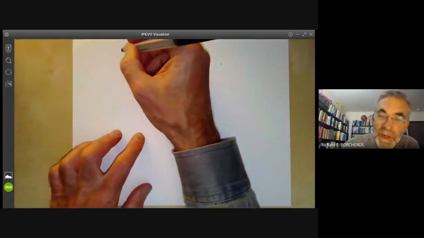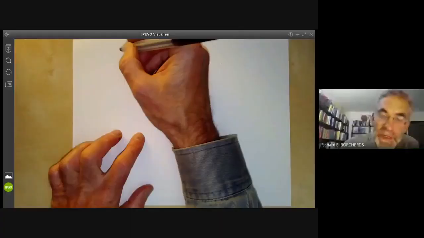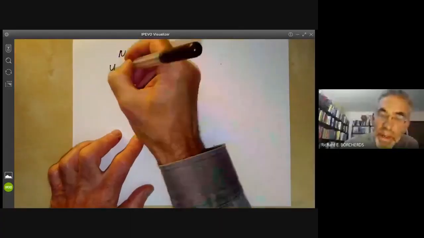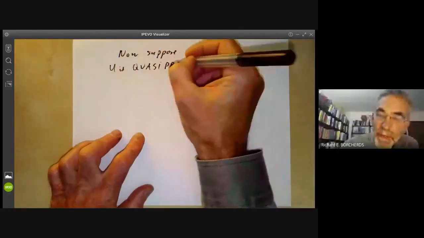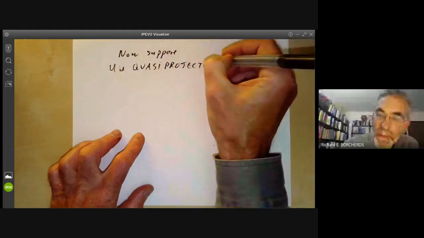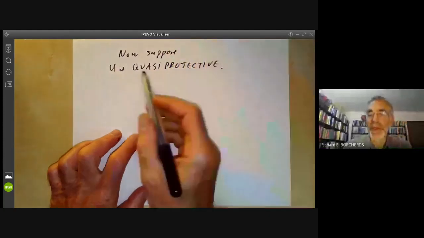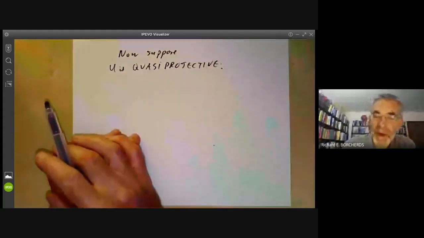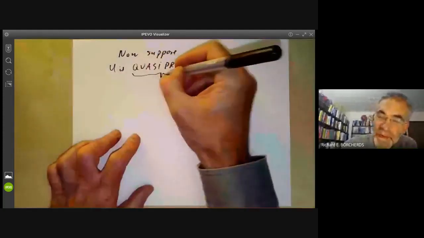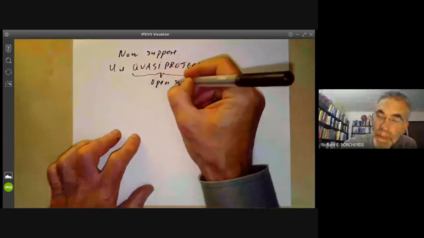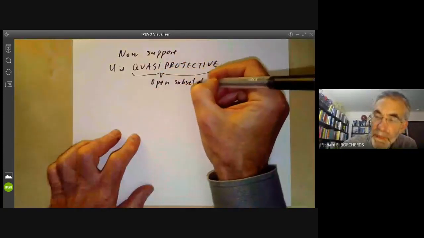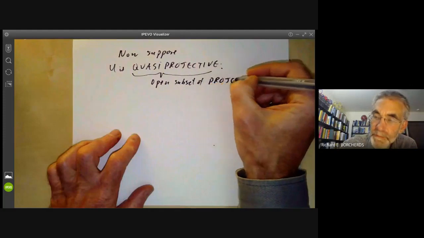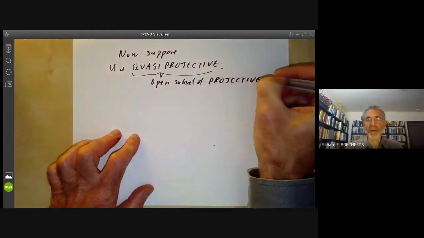Next, we can now suppose U is quasi-projective. So what does quasi-projective mean? Well, quasi-affine means open subset of an affine variety. Quasi-projective means open subset of a projective variety. So we've got four sorts of varieties.